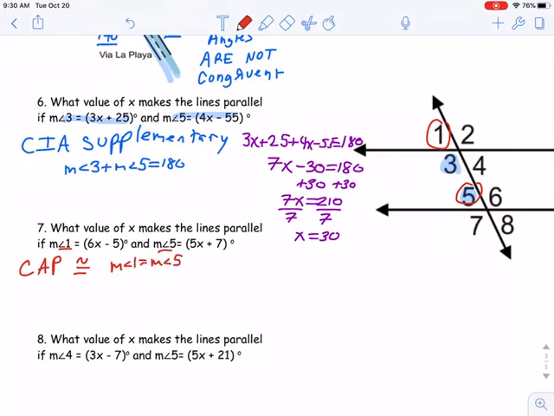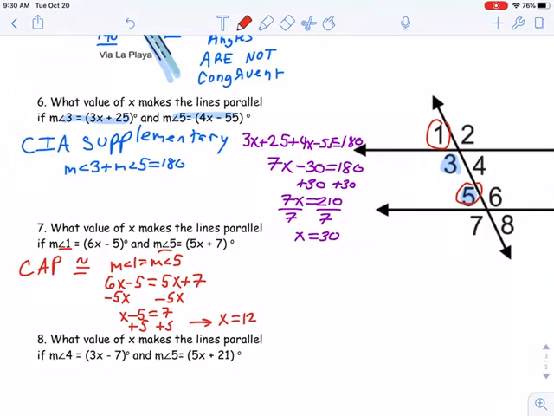In this particular case, it's going to be 6x minus 5 equals 5x plus 7. Subtract both sides by 5x. We're going to get x minus 5 equals 7. Add 5 to both sides. And x equals 12.